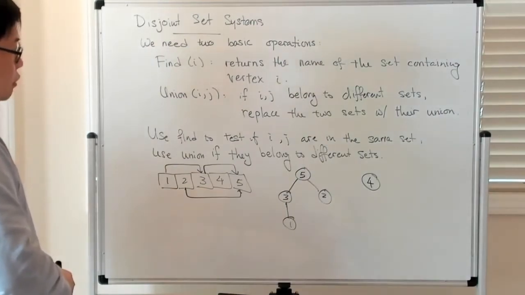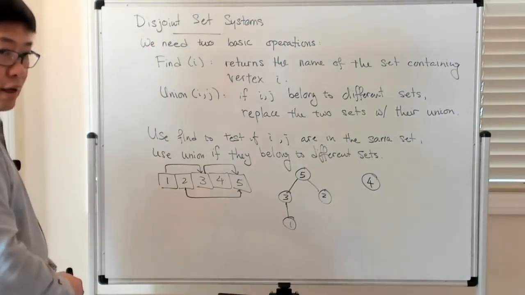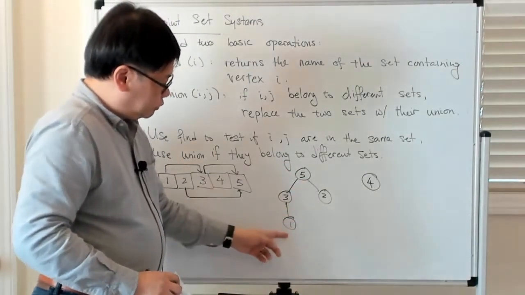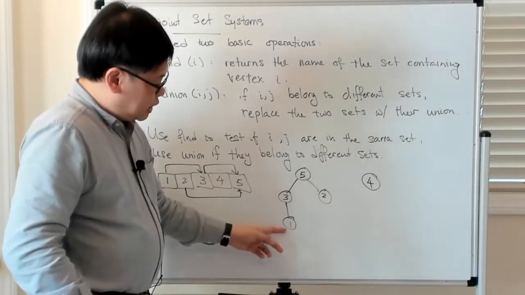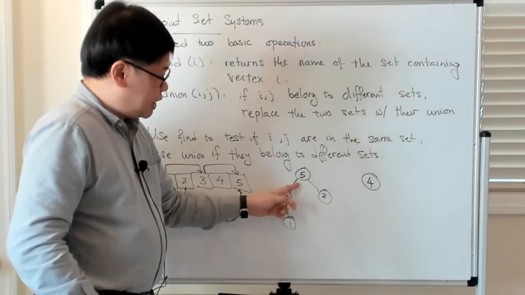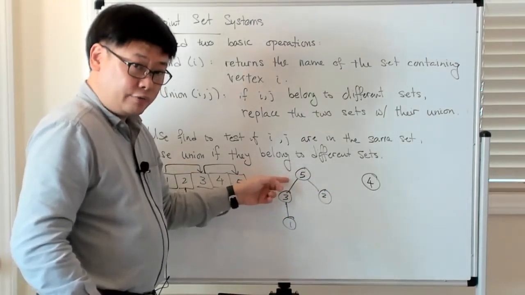Okay? So one way to label these sets then is to say that if you have an element which is in this set, then you label it by the root of that tree.